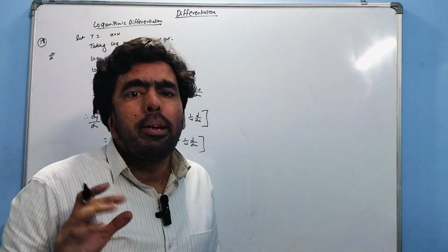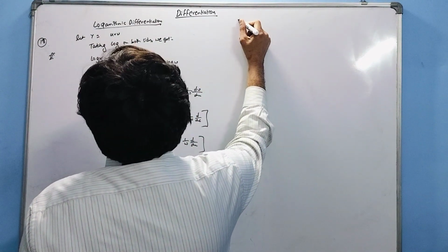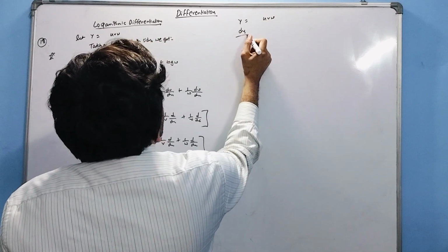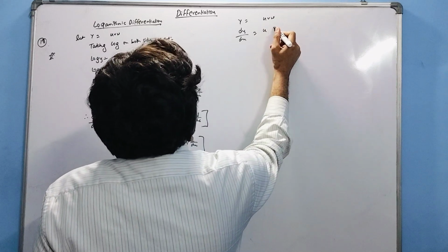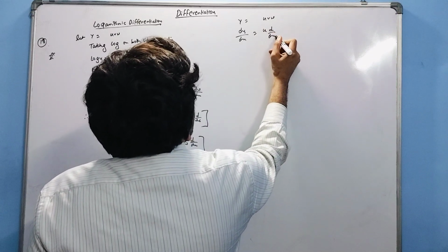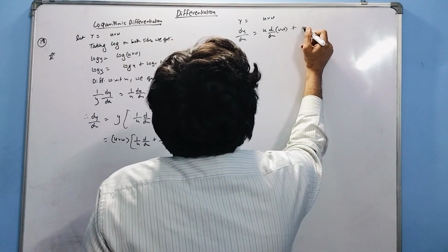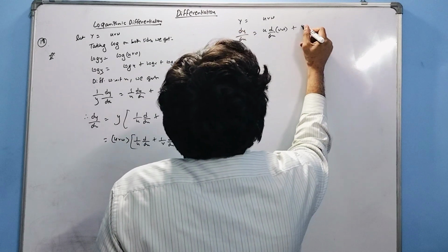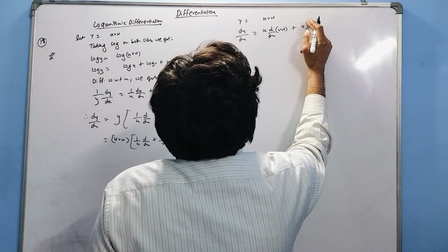Now we'll apply the repeated product rule. We'll have y equals u v w. So dy/dx will be, first we'll differentiate u into d/dx of v w, plus, no, we can't apply it like this.